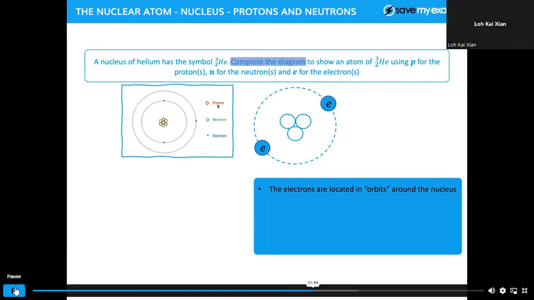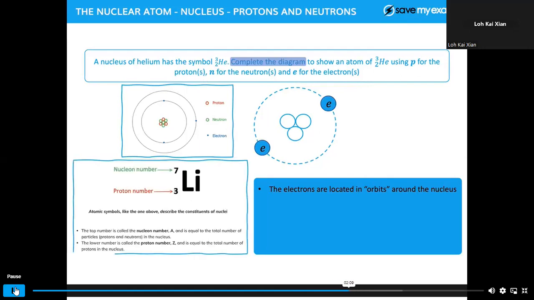The next part is the neutrons and the protons, and that means we need to understand what these numbers here, the 3, 2 with the He for helium, mean. What does the 3 mean and what does the 2 mean? Just as a reminder of that piece of the theory, this is the example of lithium: the number at the top is called the nucleon number, and the number at the bottom is called the proton number.